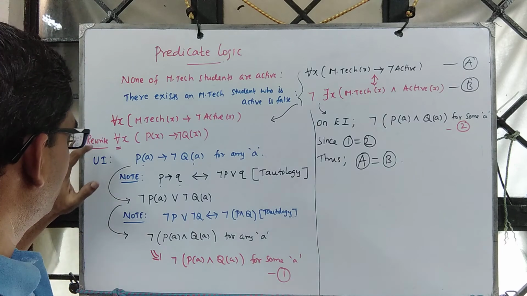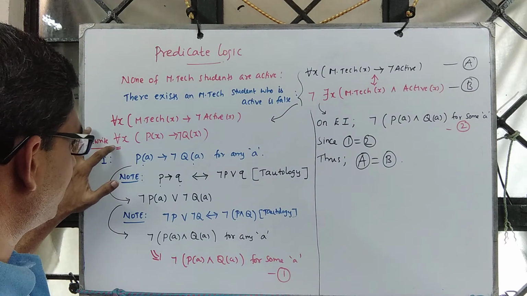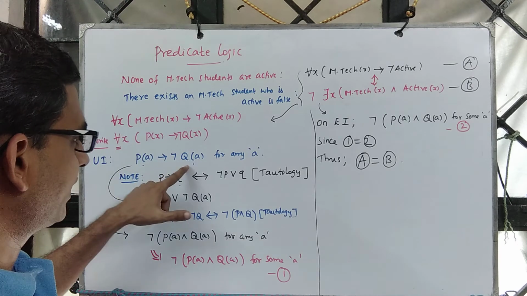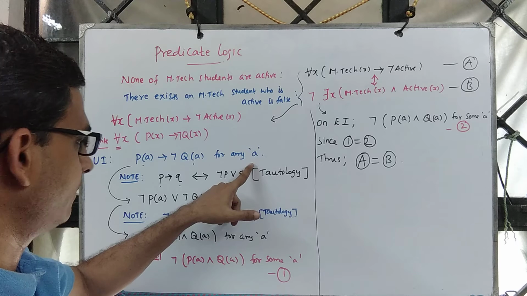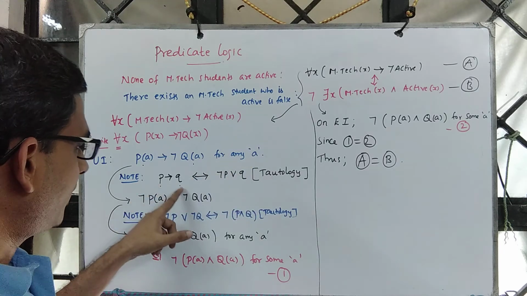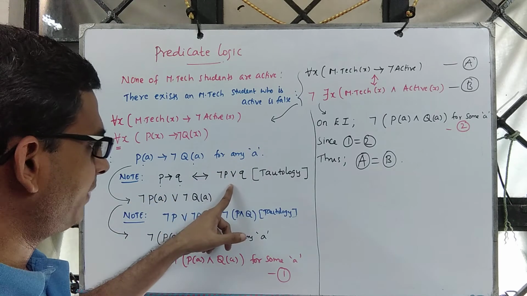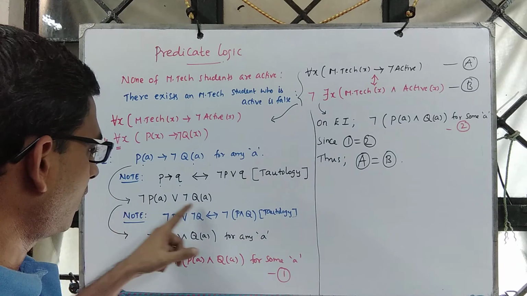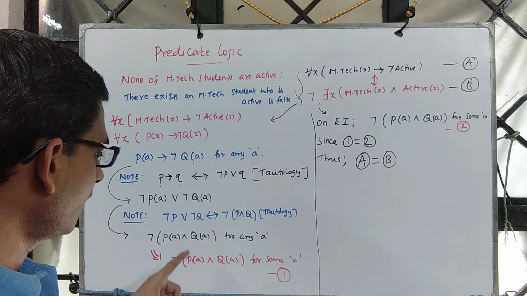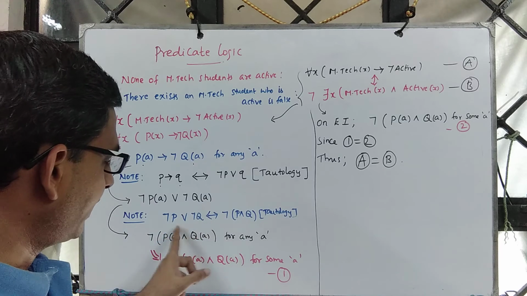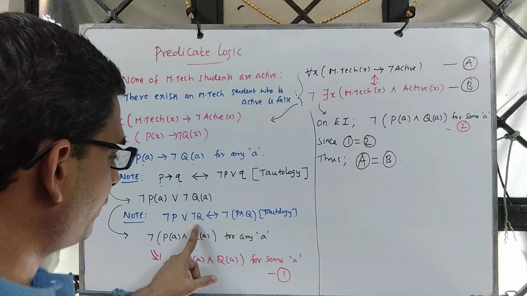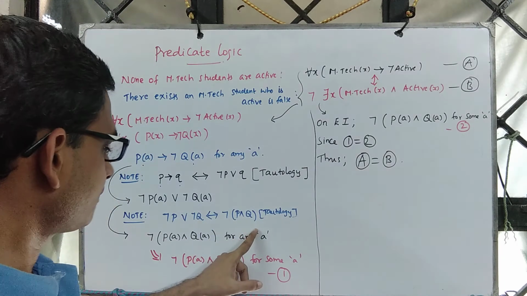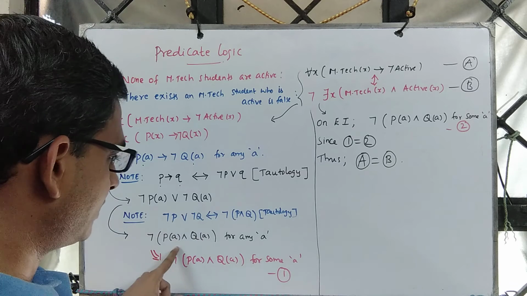So I repeat, first I perform instantiation so that this predicate becomes a proposition. P of A implies negation Q of A for any A. We know that P implies Q is equivalent to negation P or Q. So this is rewritten as negation P of A or negation Q of A. Again we know that negation P or negation Q is biconditional to negation of P and Q, then employ that, you get this.